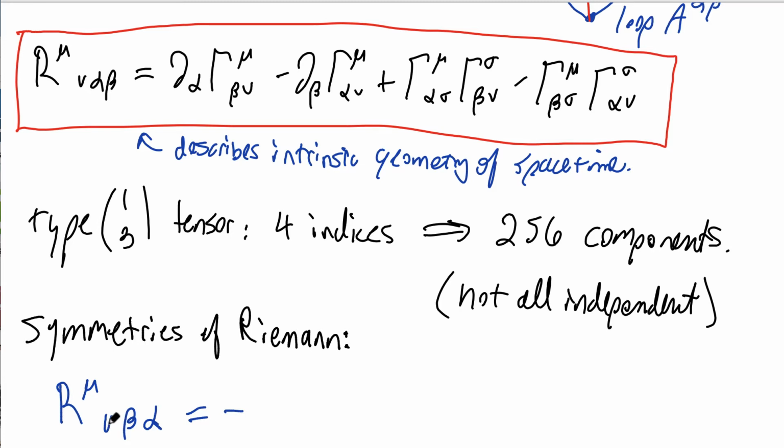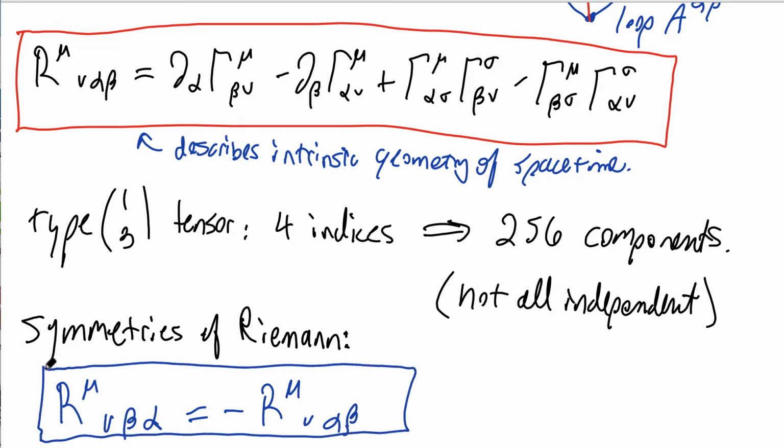So R mu nu beta alpha is equal to minus R mu nu alpha beta. And that means for each value of mu and nu, we can view this as an antisymmetric matrix. So instead of 16, 4 times 4 is 16 independent components, there are only 6 independent components for each value of mu and nu. So this is one symmetry of Riemann which reduces the number of independent components.